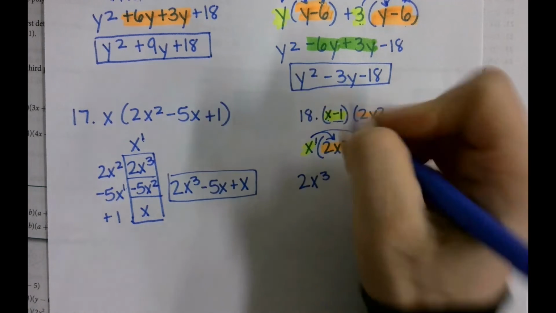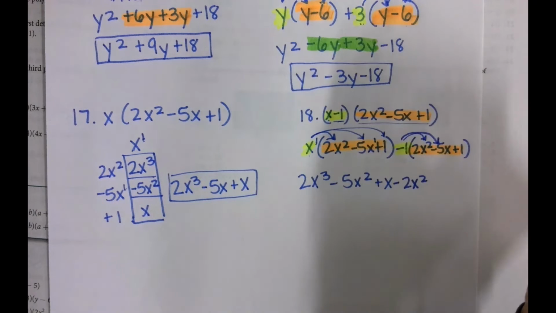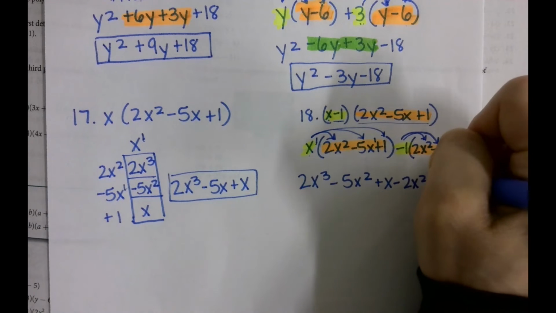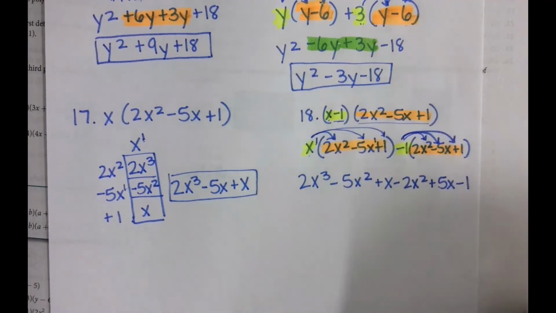Add our exponents, negative 5x squared. Then we have negative 1 times 2x squared, which becomes negative 2x squared. Negative 1 times negative 5x is plus 5x, and negative 1 times 1 is negative 1.